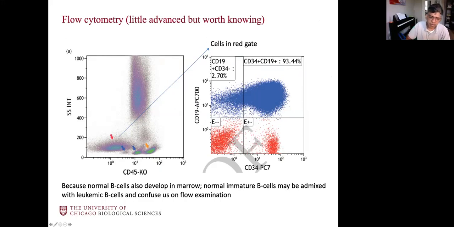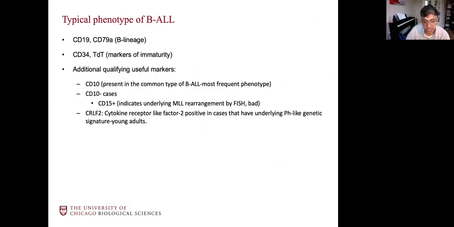But the problem is, normal B cells also develop in the marrow, and immature B cells can also be mixed with cancerous B cells. So normal B cells will also express 19, and immature B cells will also express 19. So how are you going to distinguish the two of them when you mix both the bad guys and good guys in one tube? So that's sometimes a challenge for us.